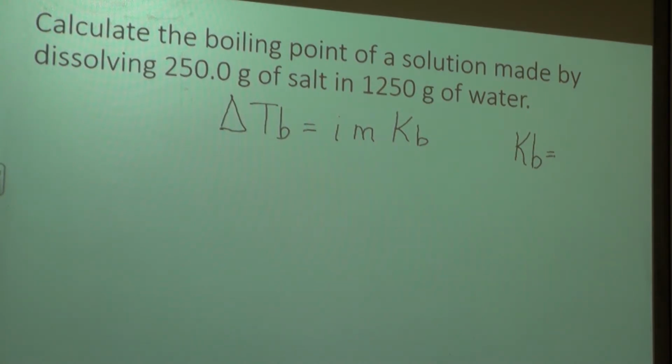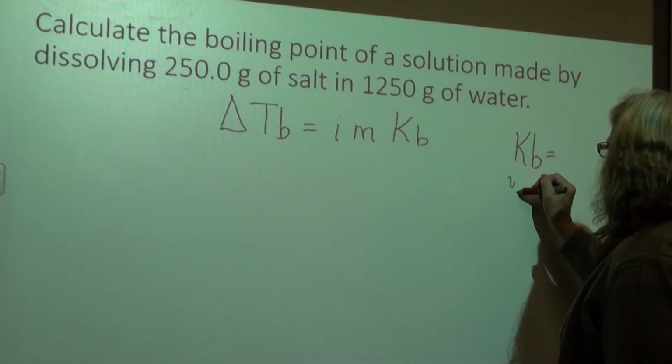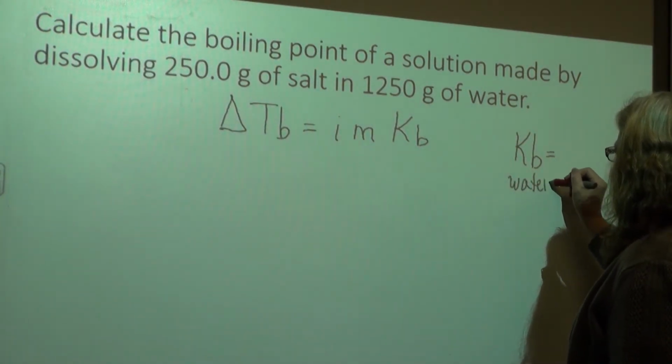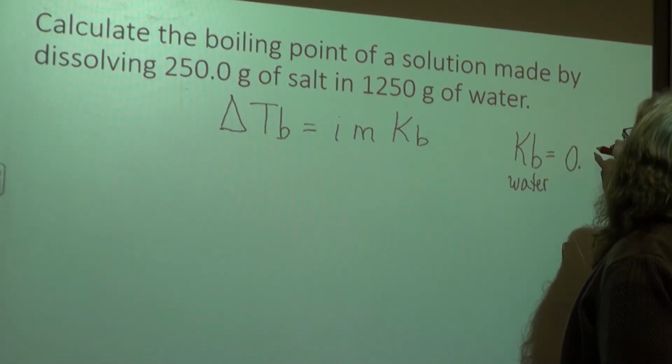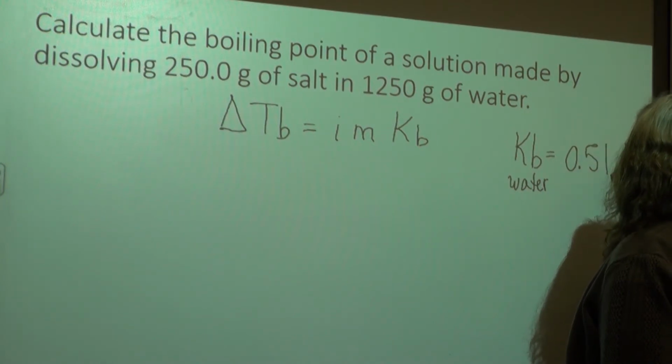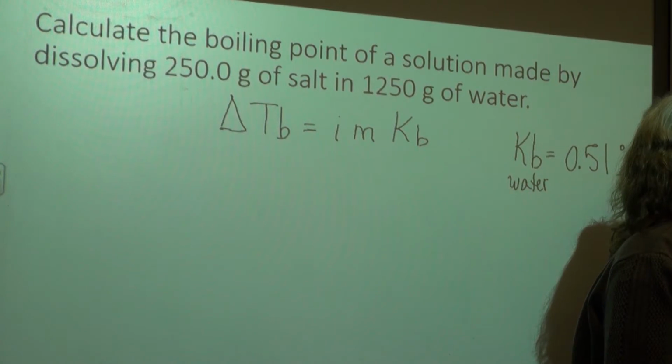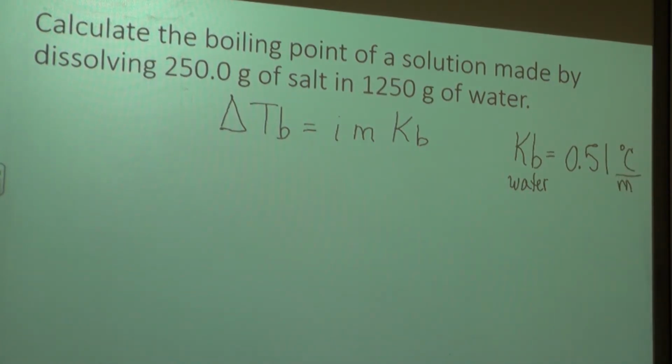So I'm always looking KB up for the solvent. So I look on that sheet. This is for water. And what does it tell me it is? 0.51. And what kind of units does it have? Celsius. So I know KB.